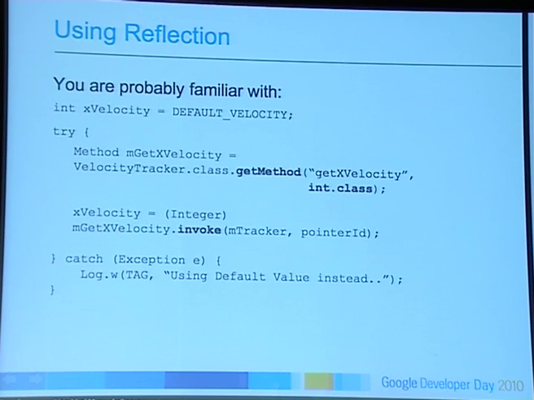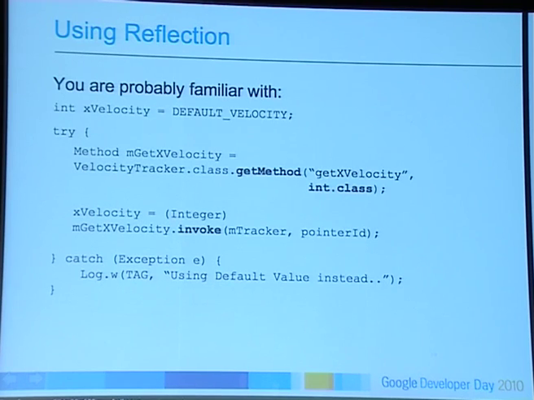What I do here is I basically set a default value, and then I try to get the method of VelocityTracker. So I get the VelocityTracker class, and then I look up the method with the name getXVelocity, which takes an integer class as a parameter.